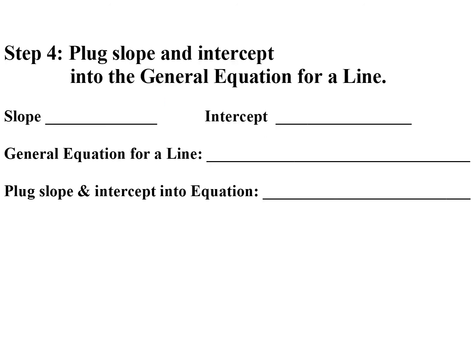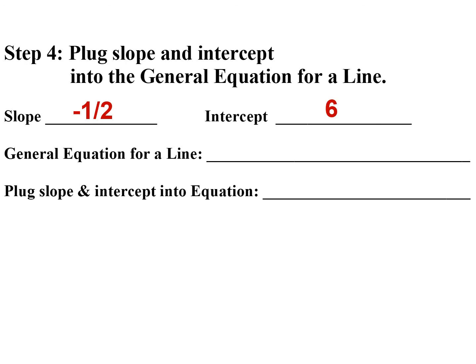So now we're ready for step 4. We're going to plug in the slope and intercept into the general equation for a line. Go ahead and take a minute to jot down what these values should be. From step 2, we know the slope is minus 1/2.